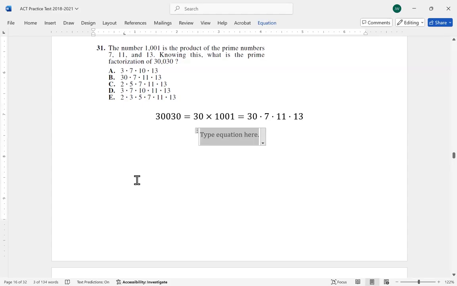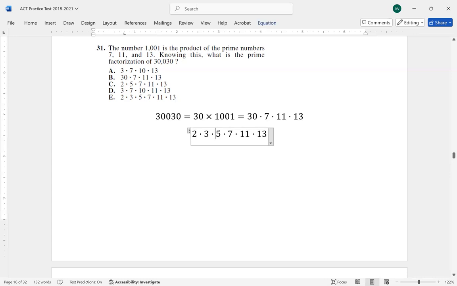And 30 is going to be 2 times 3 times 5. And then we still have the 7, the 11, and the 13.